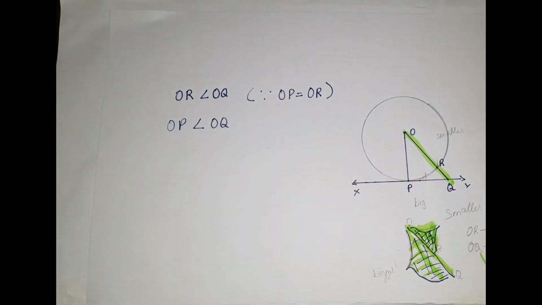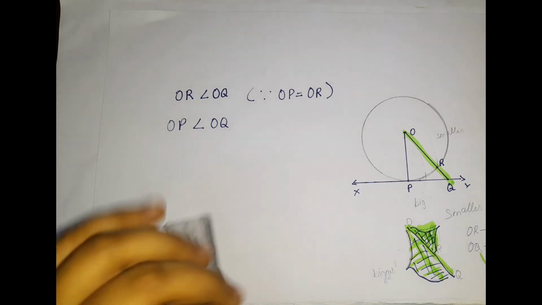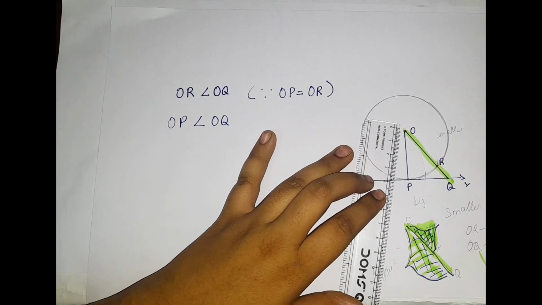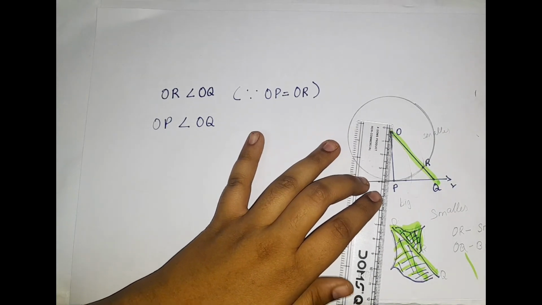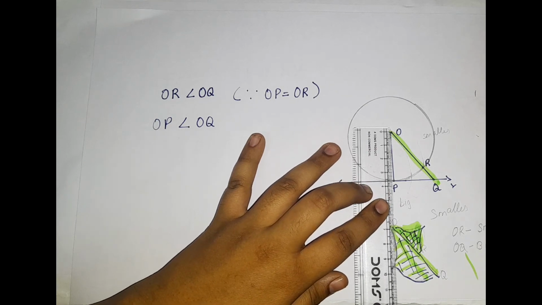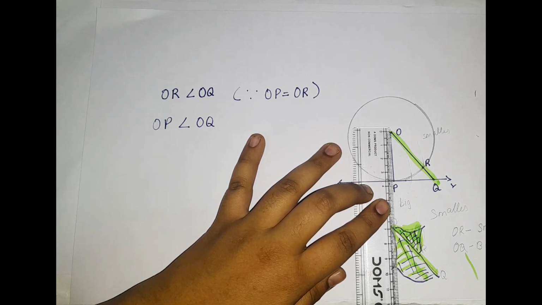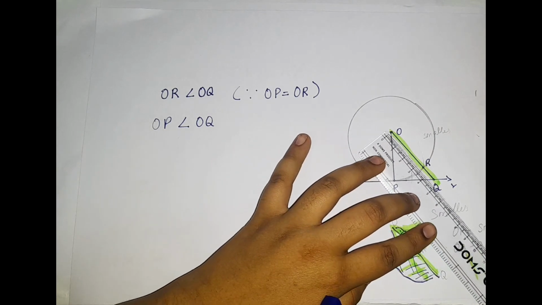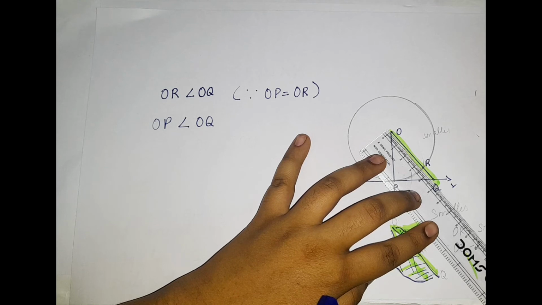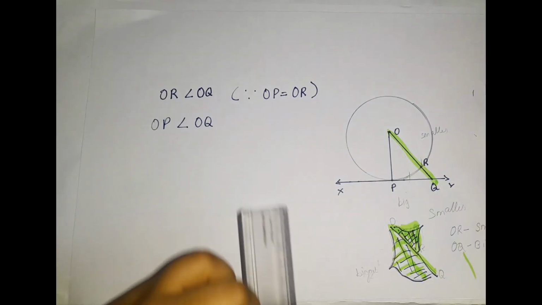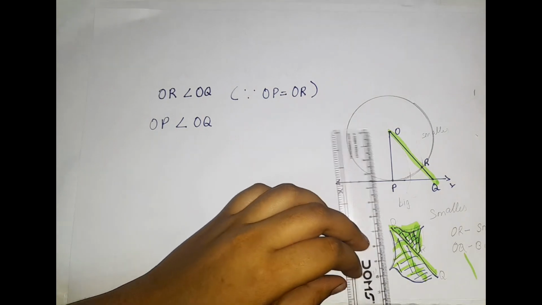If you want to measure with a scale also, you can measure if you have doubt. So according to the scale, OP is 5.7. I'm literally sorry guys, I just made some measurement mistakes.